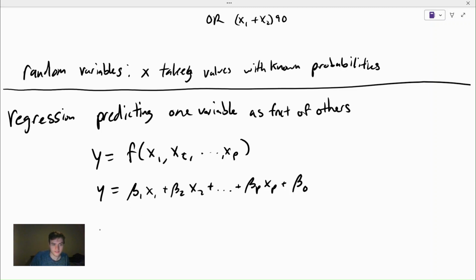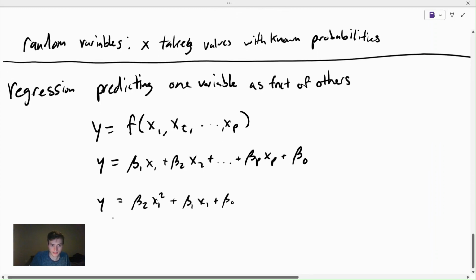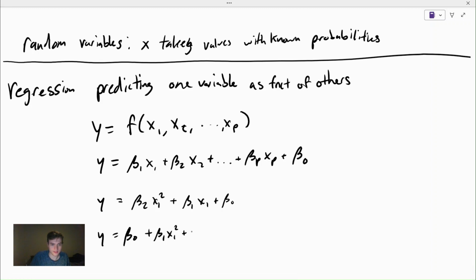We could also have some odd model for y, like y equals beta 2 x1 squared plus beta 1 x1 plus beta 0. That would be quadratic plus linear. Or we could have something that's straight up quadratic, like beta 0 plus beta 1 x1 squared plus beta 2 x1 x2 plus beta 3 x2 squared.